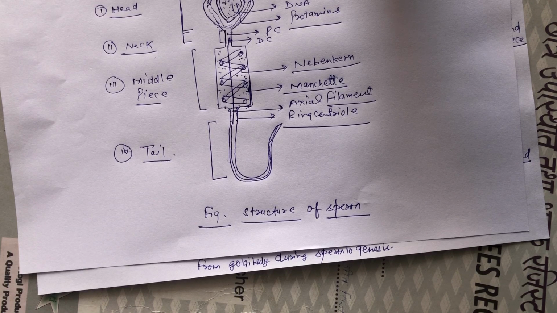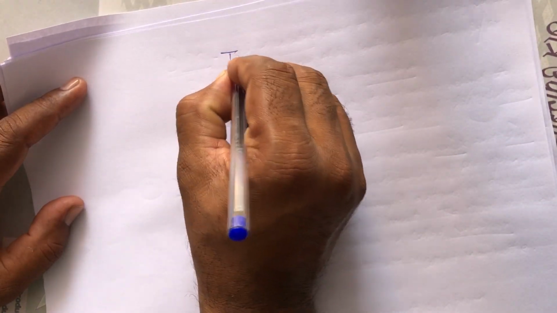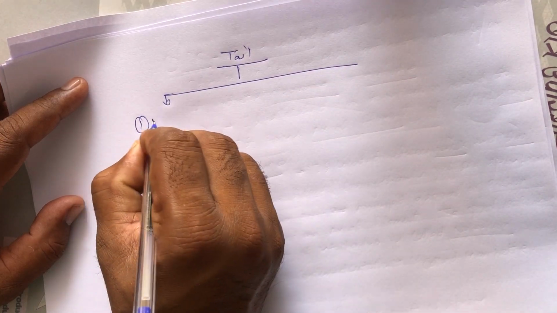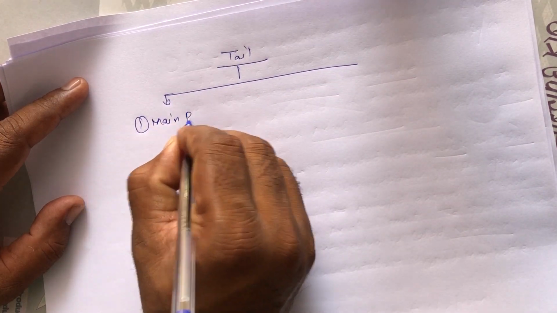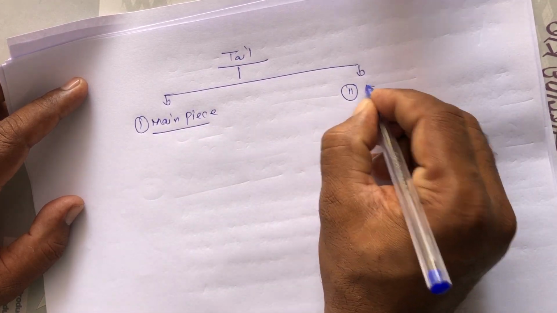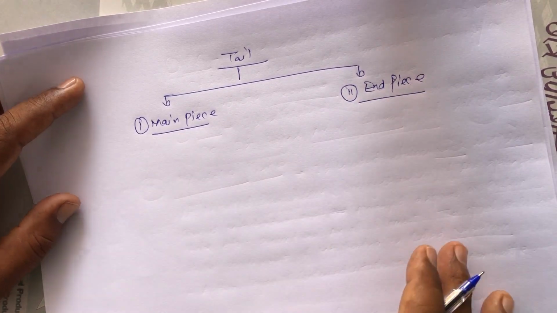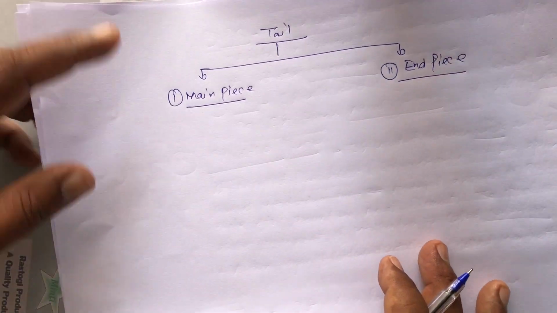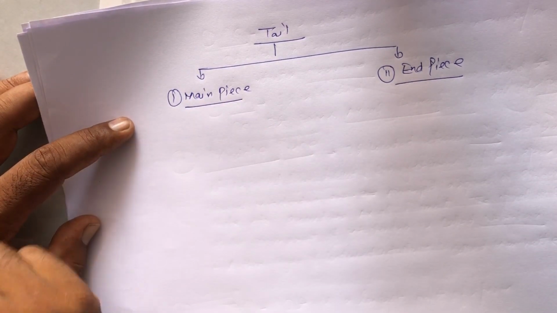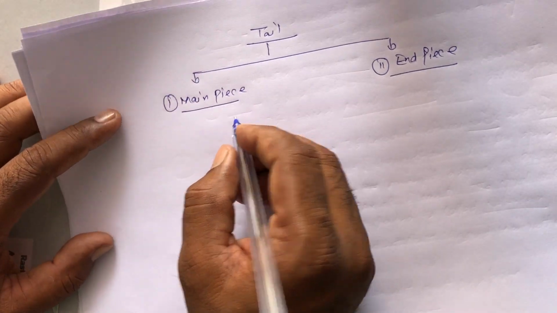So the parts of the tail of the sperm: first is the main piece, second is the end piece. The main piece is located near the middle piece. The end piece is located in the terminal part of the tail.